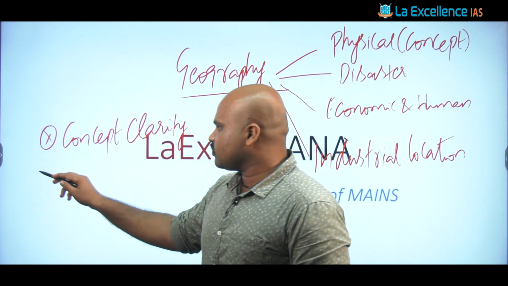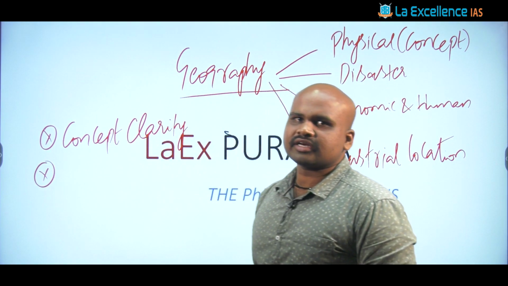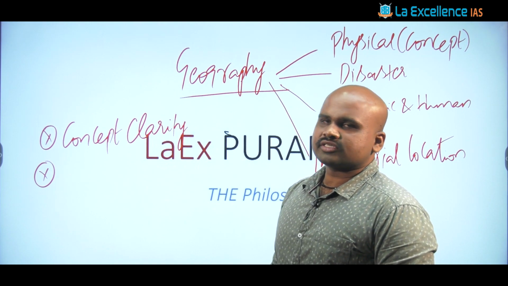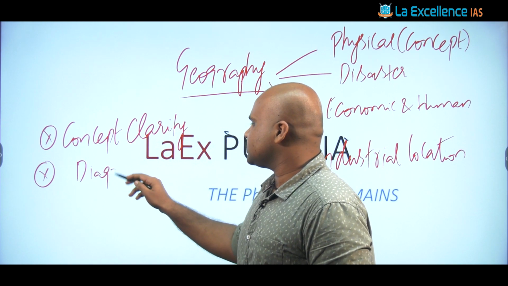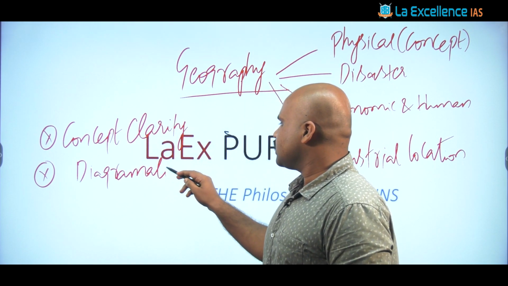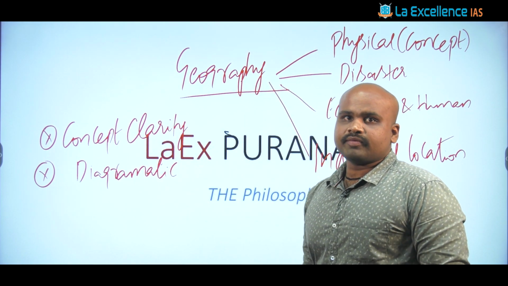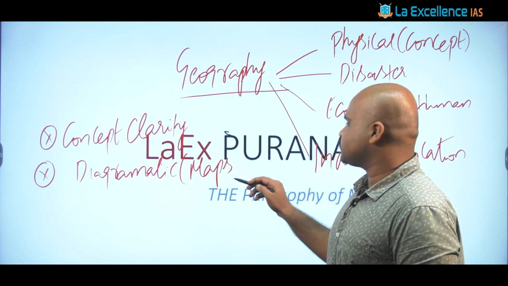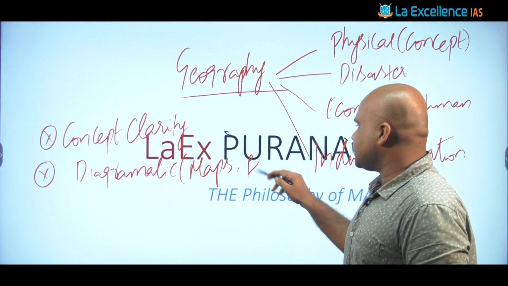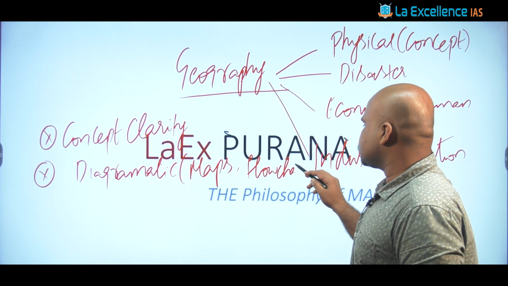The second element in answer writing of a geography question is that you also have to ensure a diagrammatic representation. It is majorly maps and the usage of flowcharts.